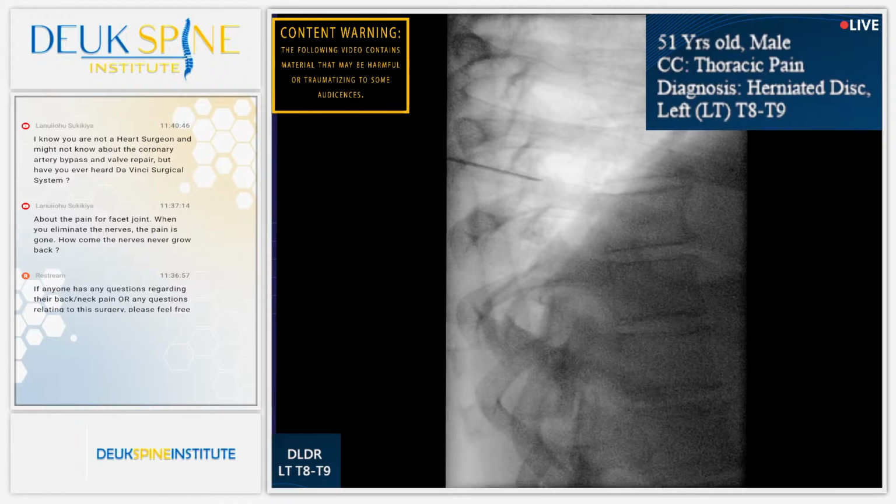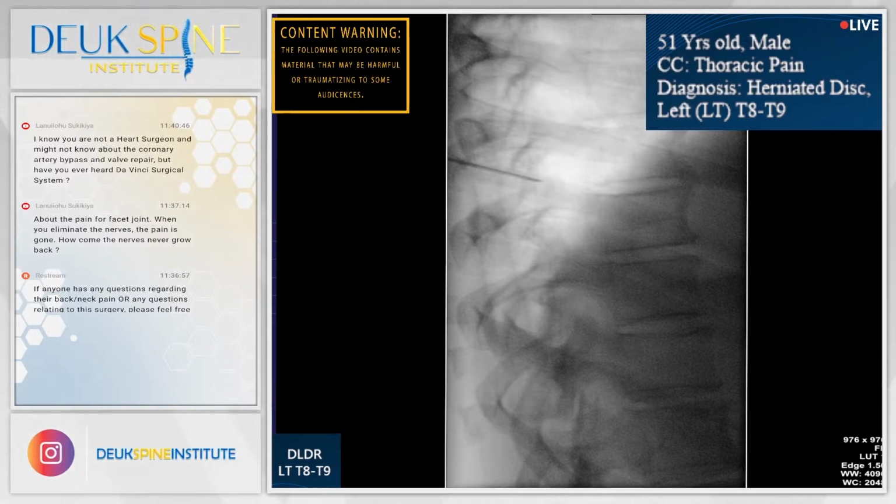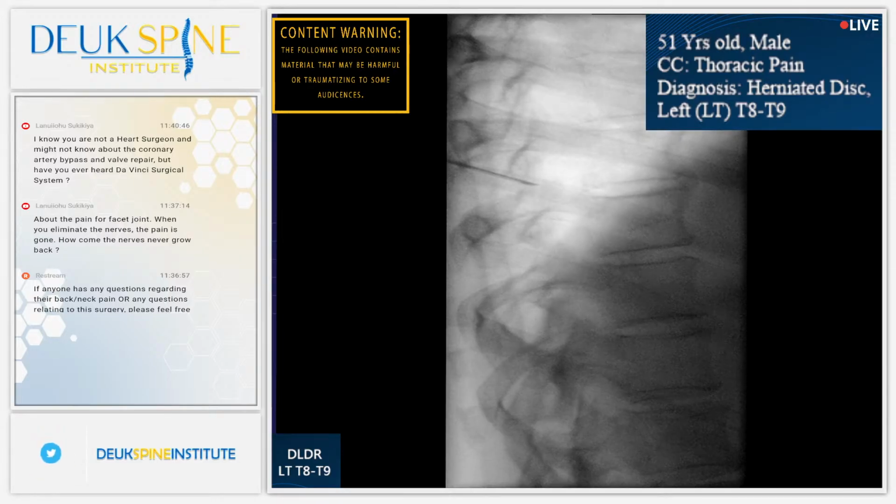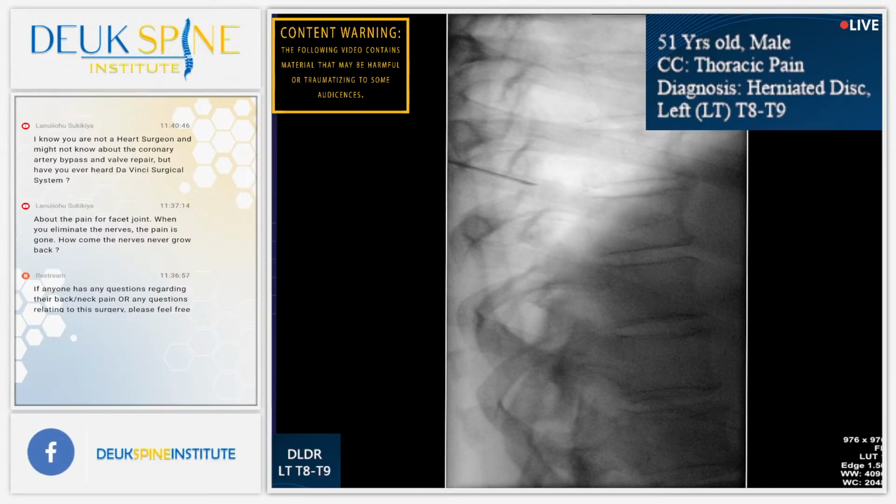AP. Well, yeah, I mean the target hasn't changed, right? It's the back of the disc, but the problem is it's the rib head that I'm getting around, and right now I'm around it, but I'm still not where I want to be. I'm still hitting bone.